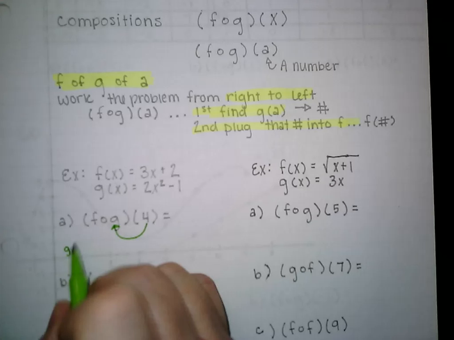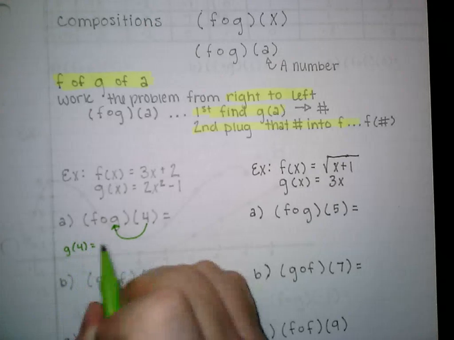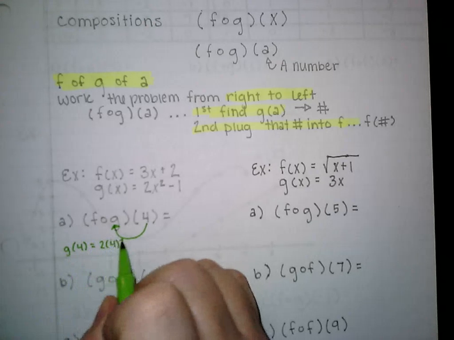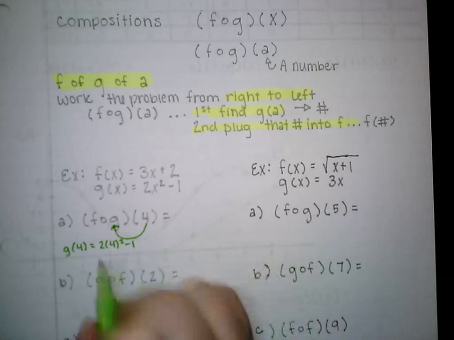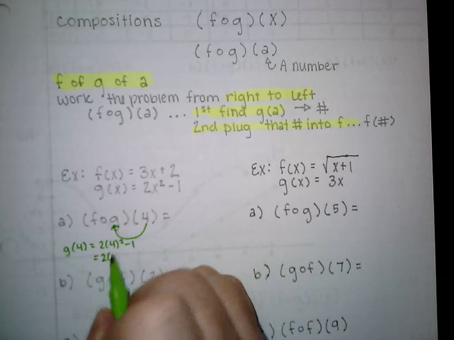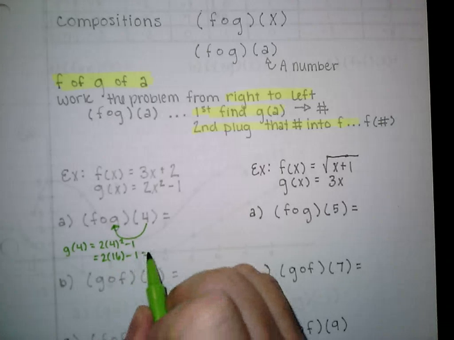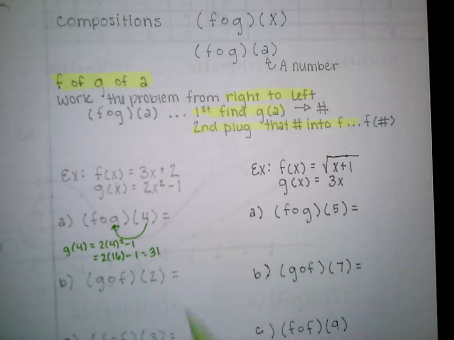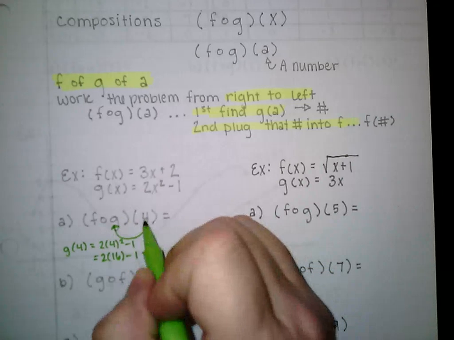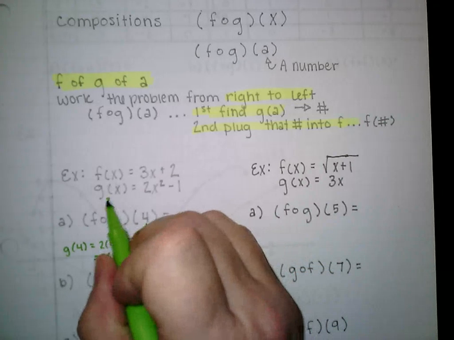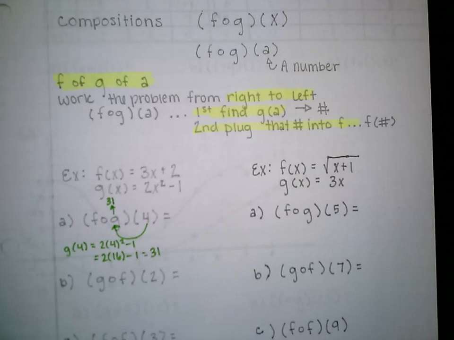So I'm thinking g of 4 would be 2 times 4 squared minus 1, which is 2 times 16 minus 1. So 32 minus 1, 31. So when I put 4 into g, 31 was the output.